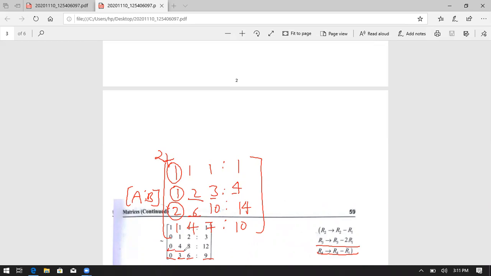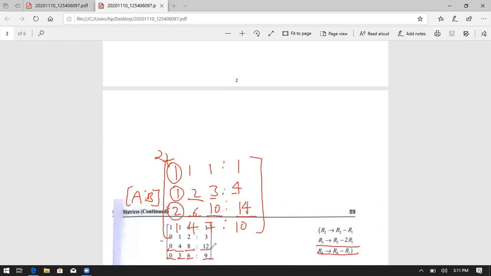Next, 10 is there. 10 minus 2 into 1, 2 into 1 is 2. 10 minus 2 is 8. Next comes 14. 14 minus 2 into 1, that is 2. 14 minus 2 is 12. I write here 0, 4, 8, and 12. That is the third row.